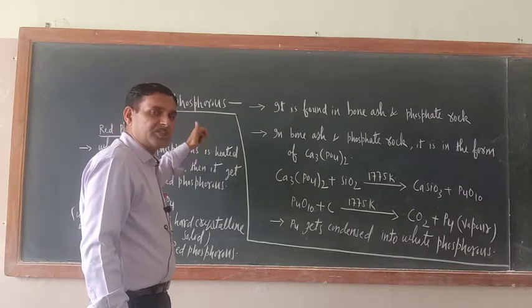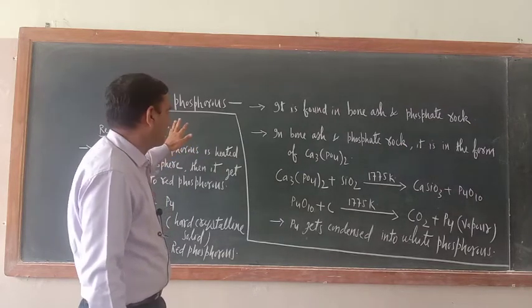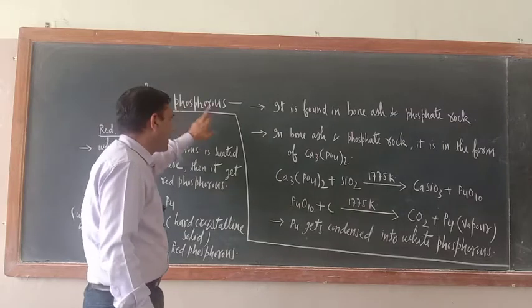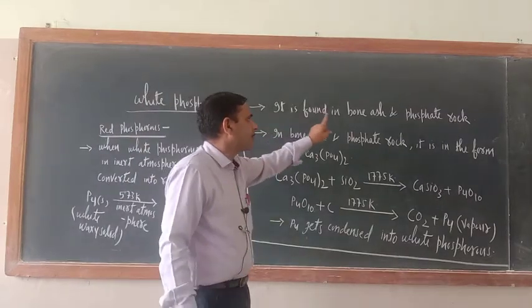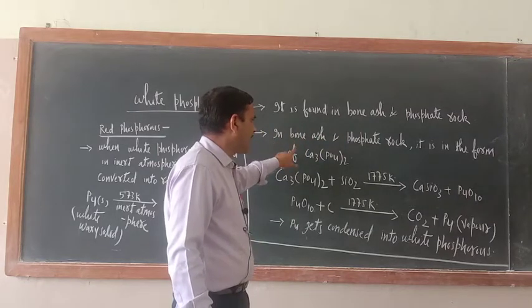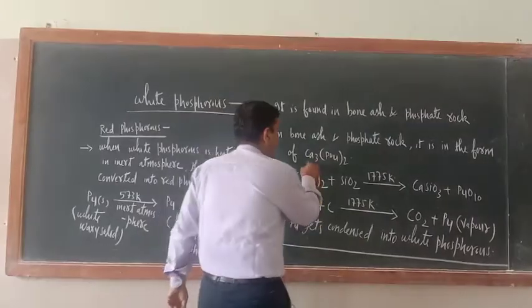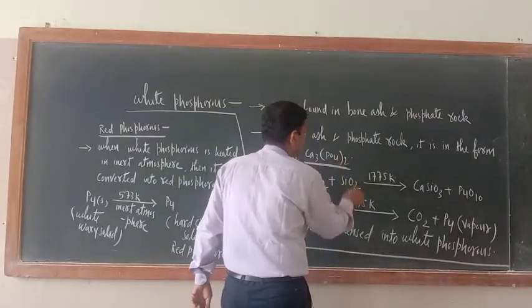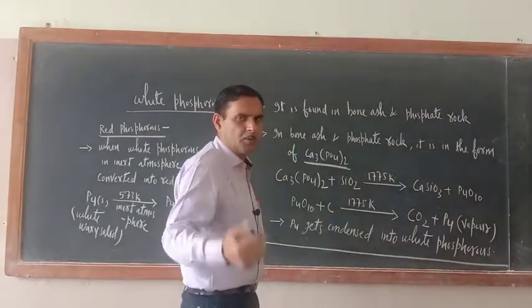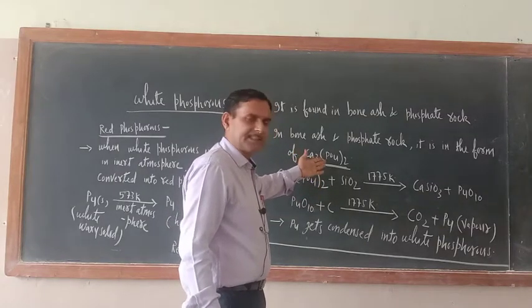Now there is some additional information related to white, red and black phosphorus. White phosphorus is found in bone ash and phosphate rock, in the form of calcium phosphate. Human bone also contains phosphate in this form, calcium phosphate.